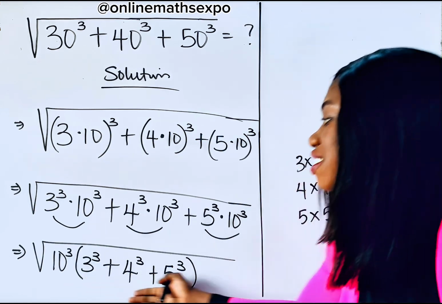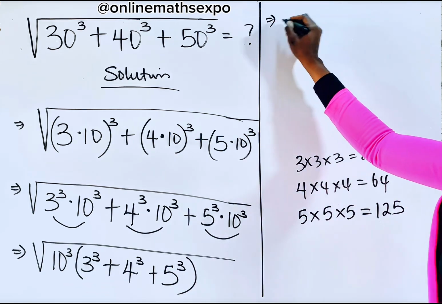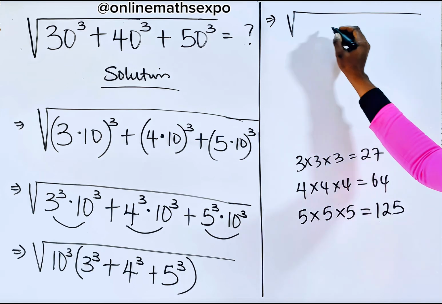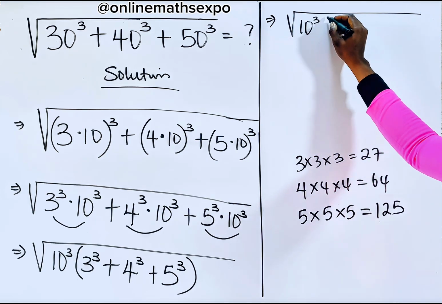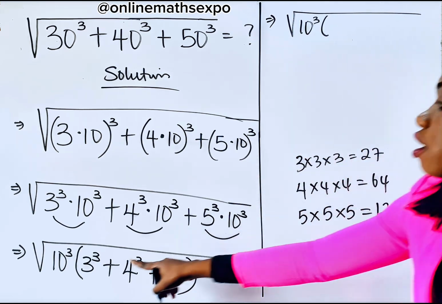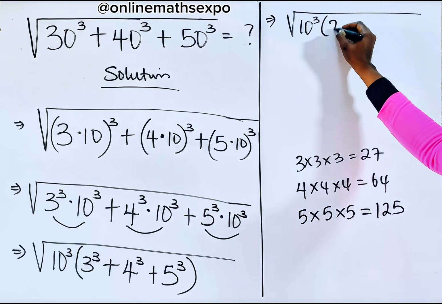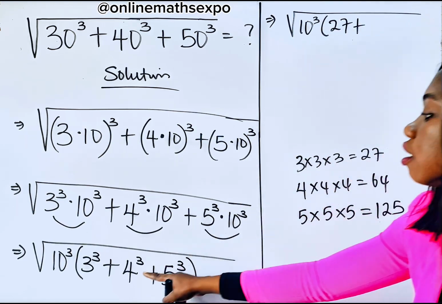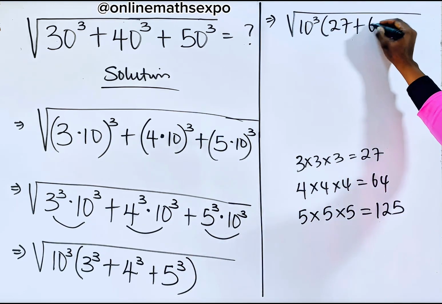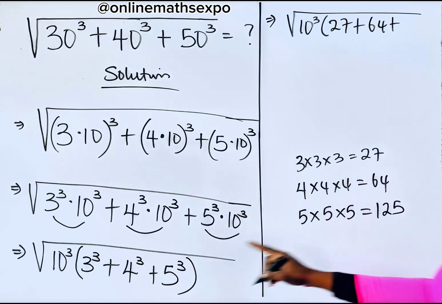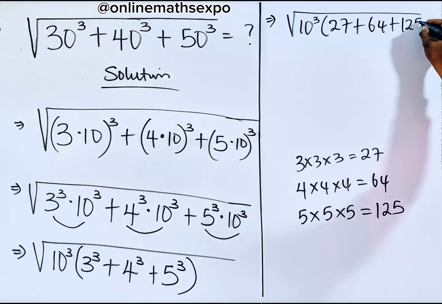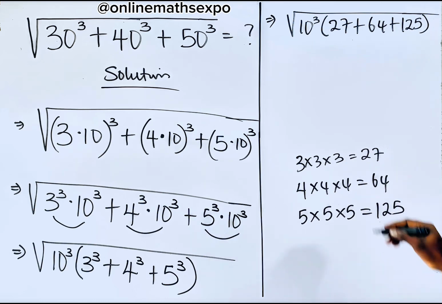So let's replace it here. We are going to have the root of 10 cubed into 27, add 64, then finally add 125. Interesting.